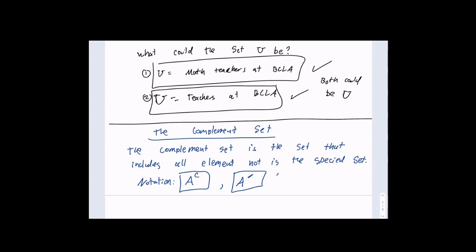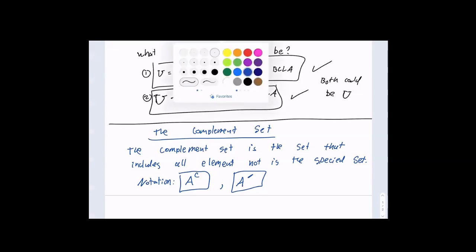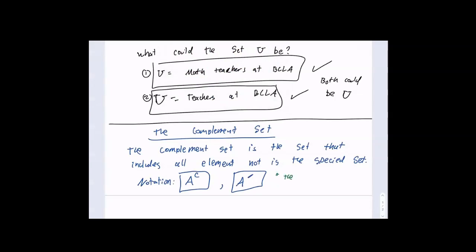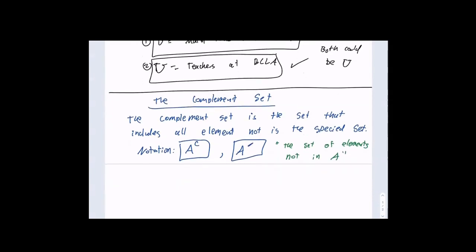So in other words, this right here refers to the set of elements not in set A. Now, for the most part, we're going to use the prime notation, but that C is another way of writing it as well. We're going to use this one for your homework. You'll see the prime symbol, all right? Complement of A, every one of those is okay to use.